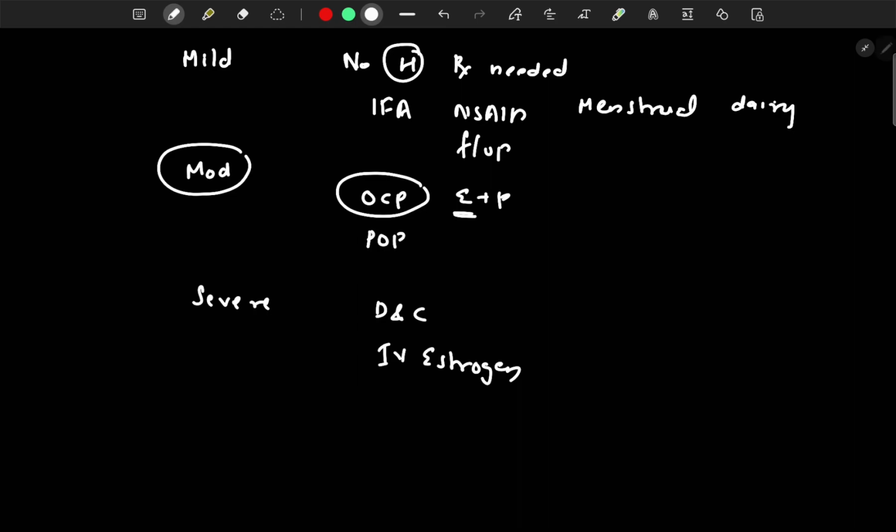So we can use both oral contraceptive pills as well as progesterone-only pills. It is better that we use OCPs.